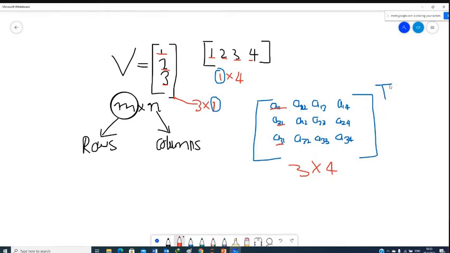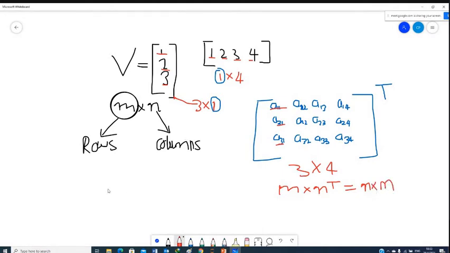When we do a transpose of a matrix, we swap the values of M and N for each element within the matrix.